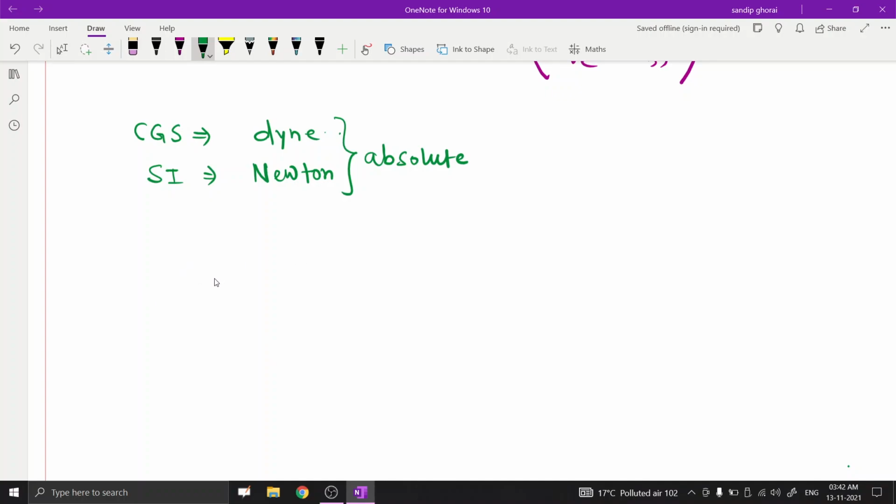And force is also measured in gravitational units. In the CGS system that is gf, gram weight, and for the SI system we can take kgf. These are also units of force, and this type of unit is called a gravitational unit.